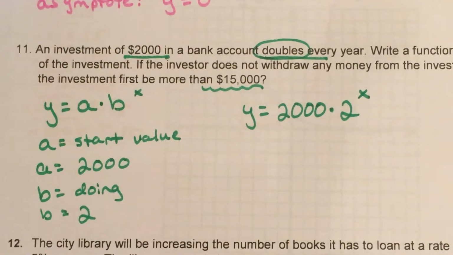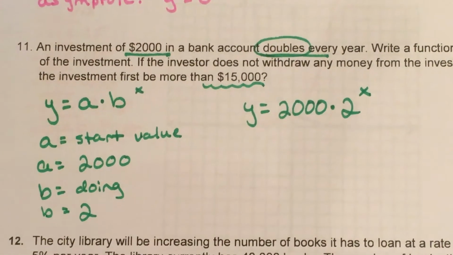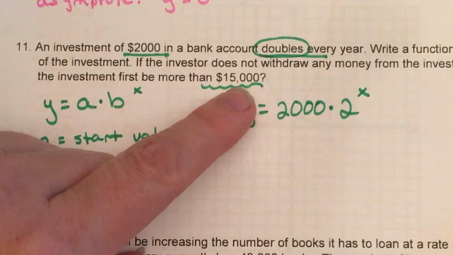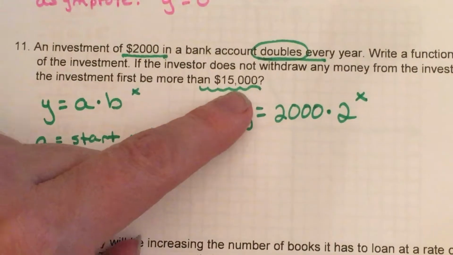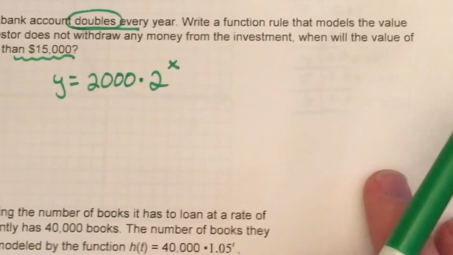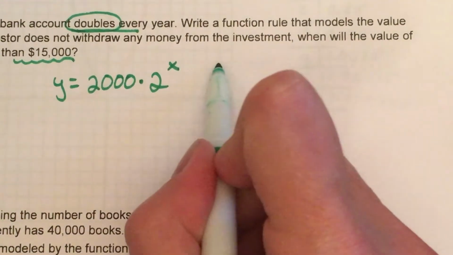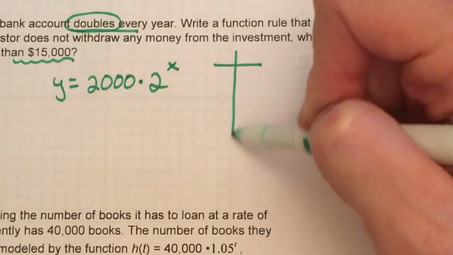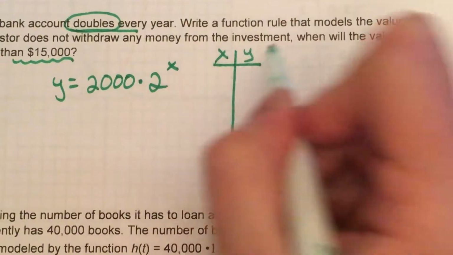That is your equation. All right. So let's go find out. We want to create more than $15,000. Let's see how long that's going to take to happen.